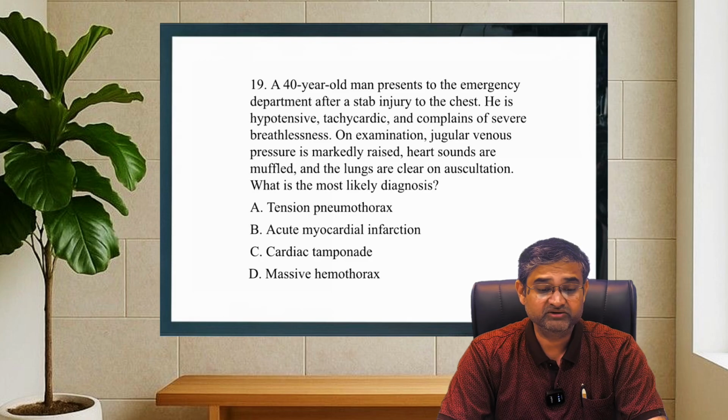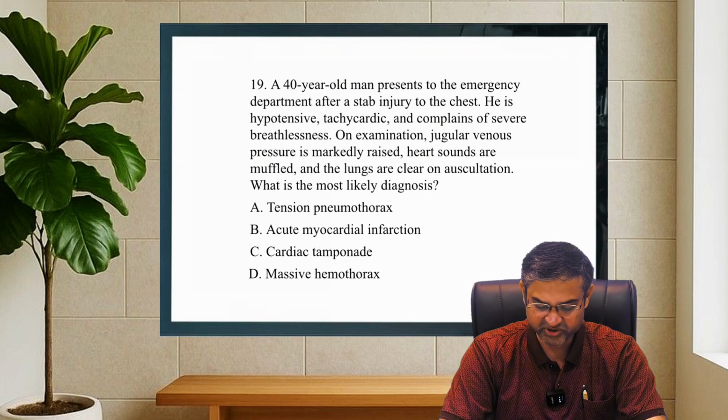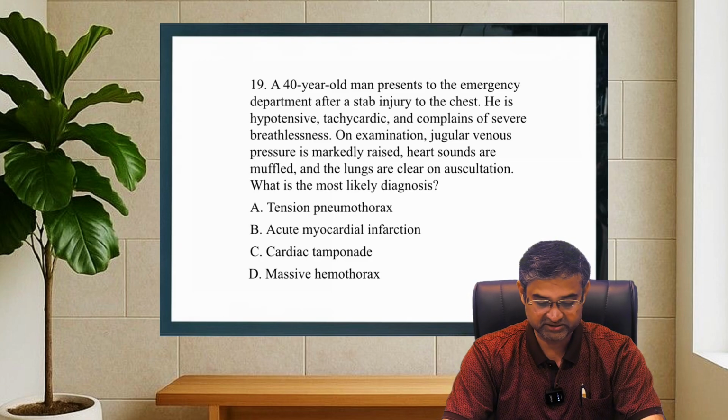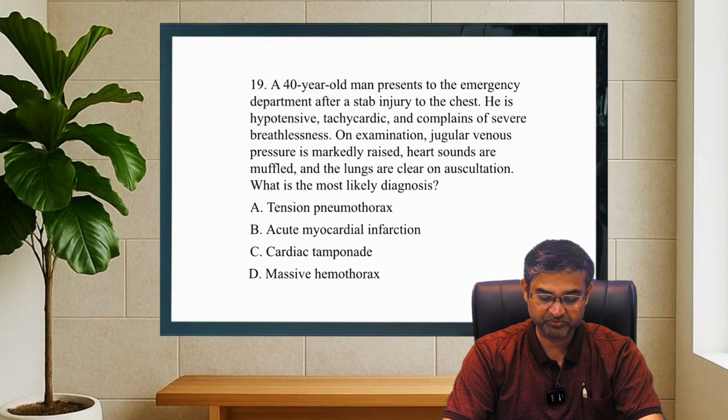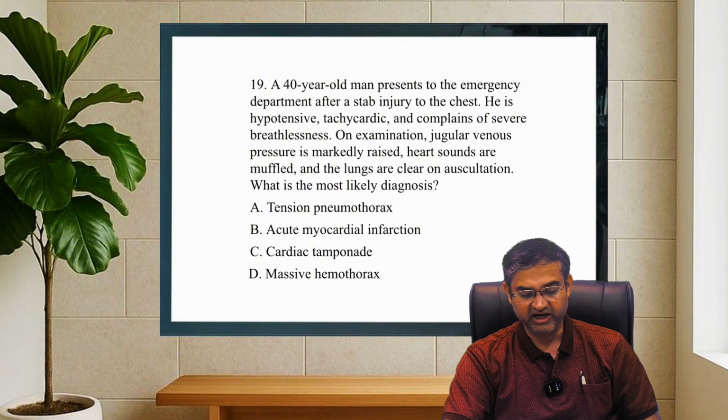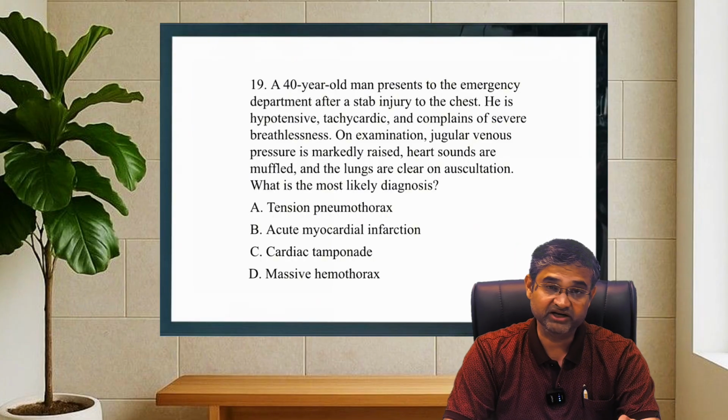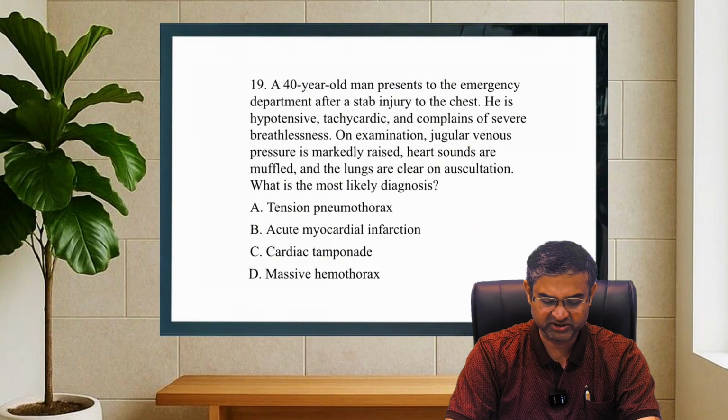Cardiac tamponade is caused by rapid accumulation of fluid or blood in the pericardial sac, which leads to impaired ventricular filling and reduced cardiac output, and we have Beck's triad: hypotension, raised JVP, and muffled heart sounds. Clear lung sounds rule out tension pneumothorax or massive hemothorax.